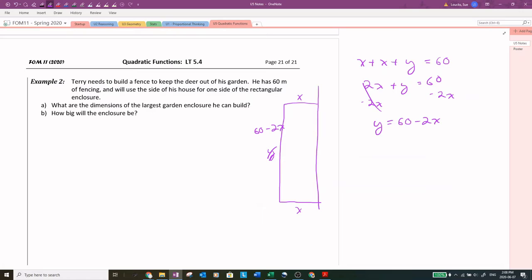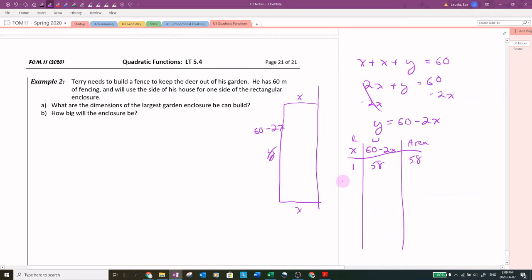If we think about what the shape would look like, we have an x length of one side of the fence, and we have the y, which is 60 minus 2x. Let's call this the length, this the width, and this the area. Let's make up some numbers. If x is 1 meter, our width is going to be 58 meters, and our area is 58 square meters.